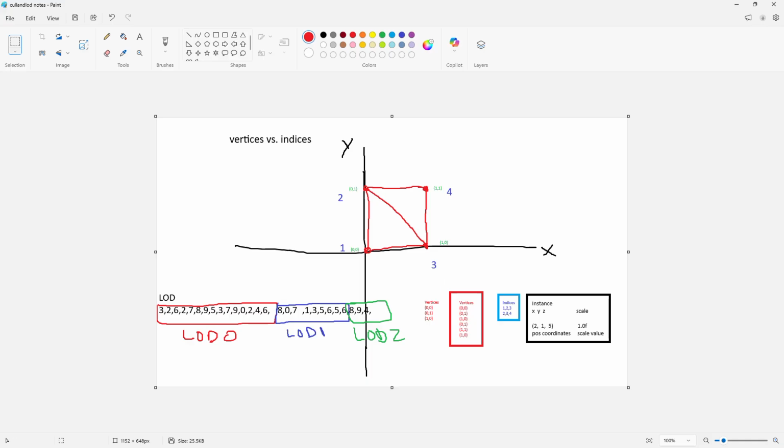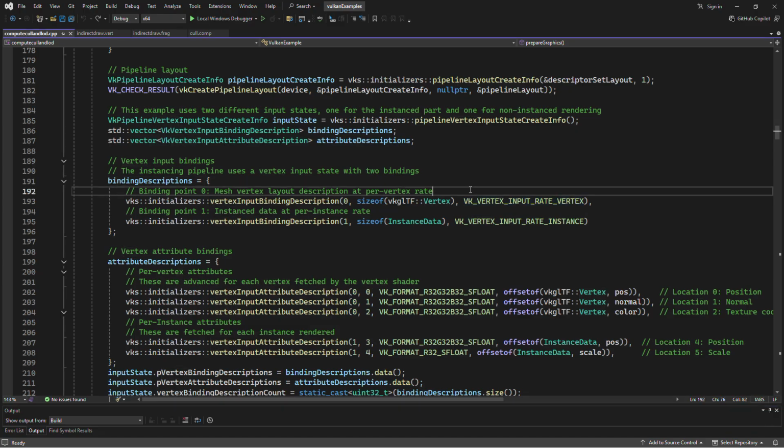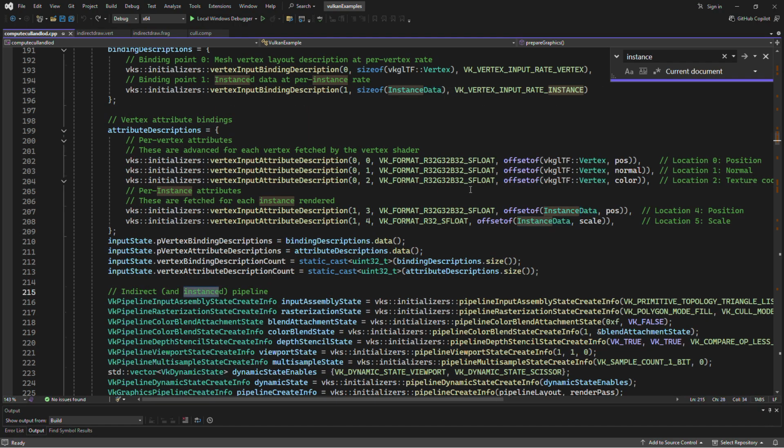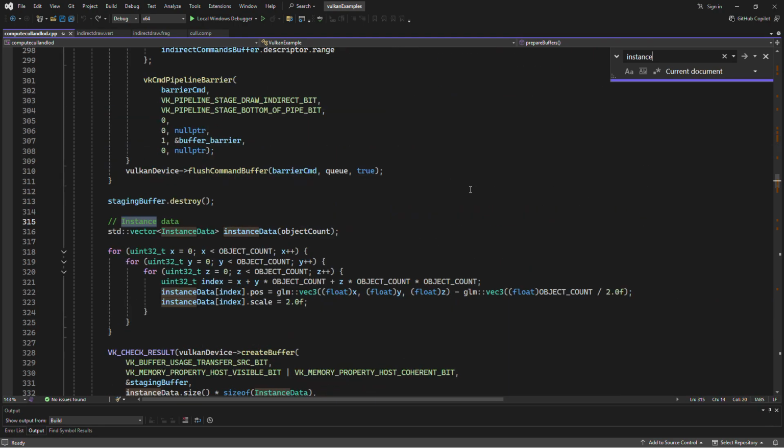And if we look at the instance stuff, we'll see that we're basically deciding the location of objects here.